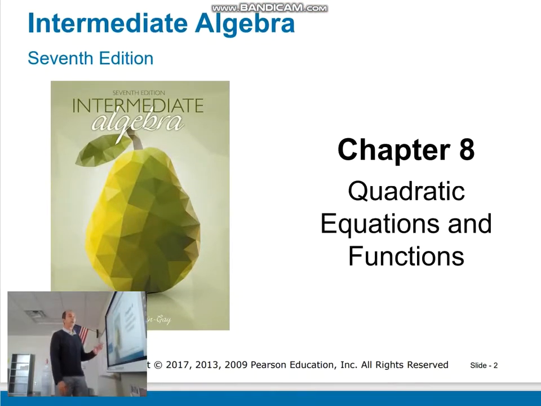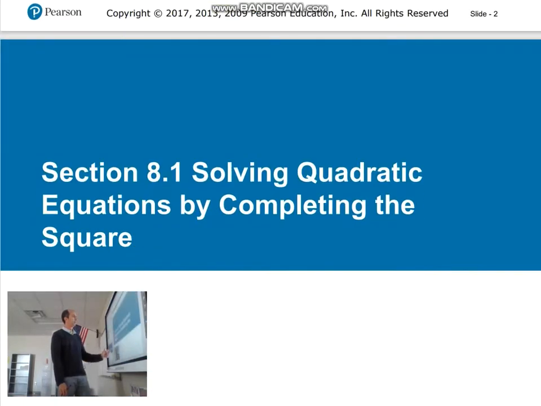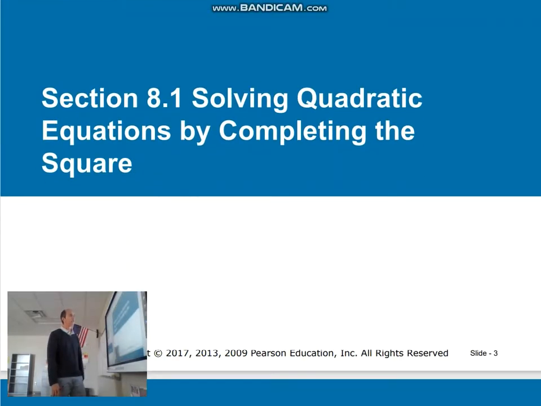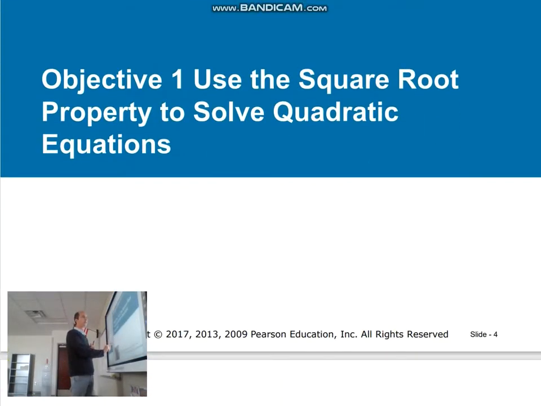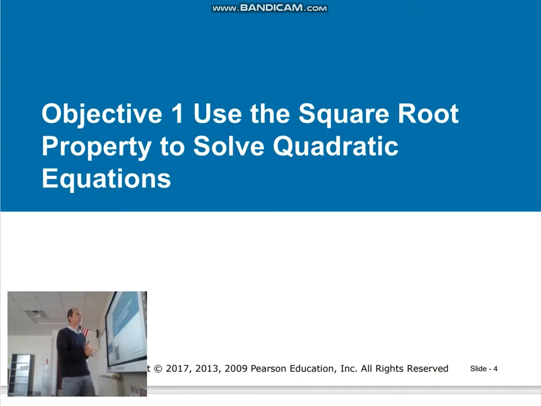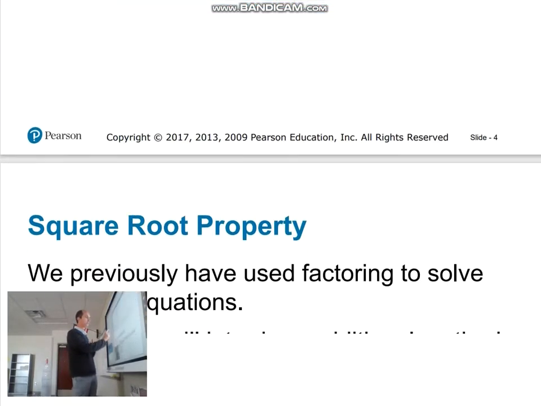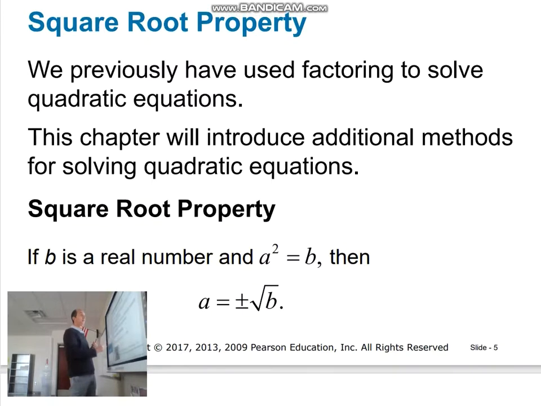Today we're gonna work on chapter 8, quadratic equations and functions, and section 8.1, solving quadratic equations by completing the square. Objective 1 is to use the square root property to solve quadratic equations. We previously have used factoring to solve quadratic equations.